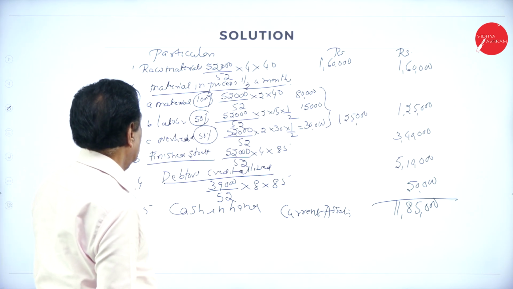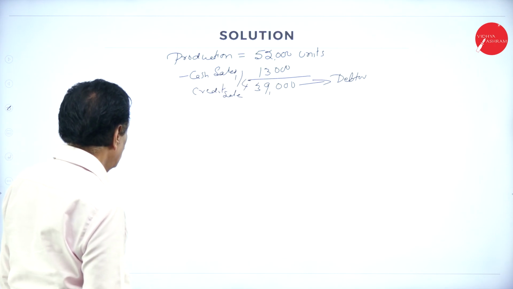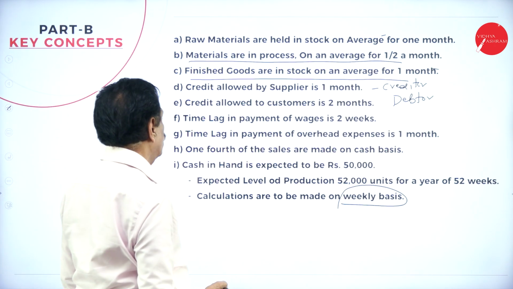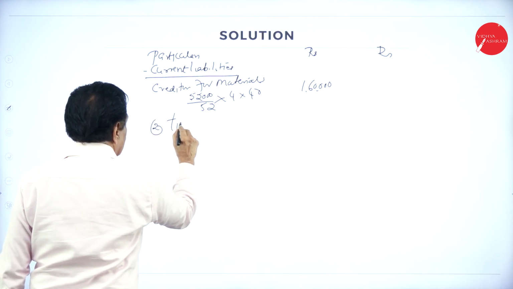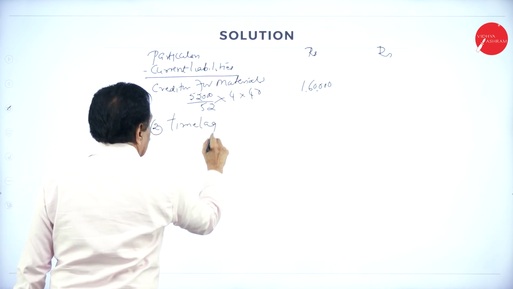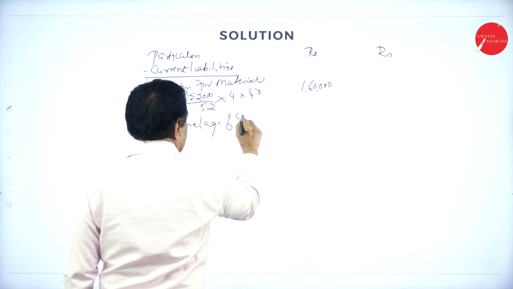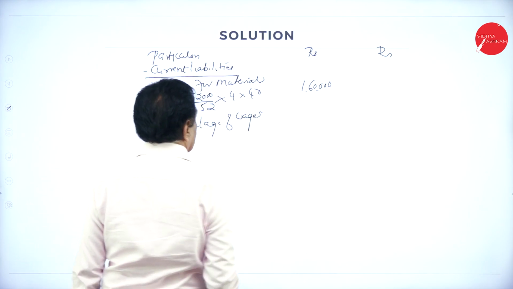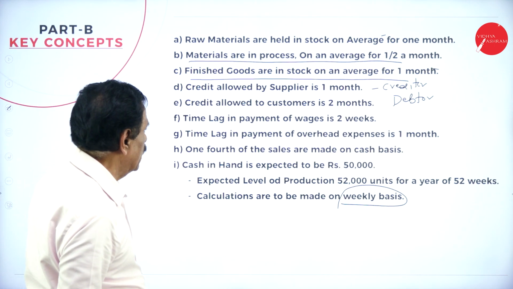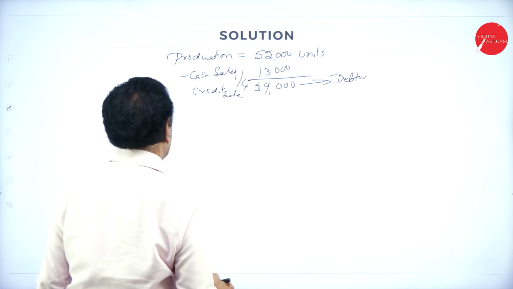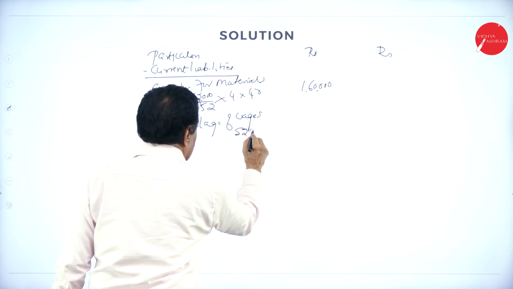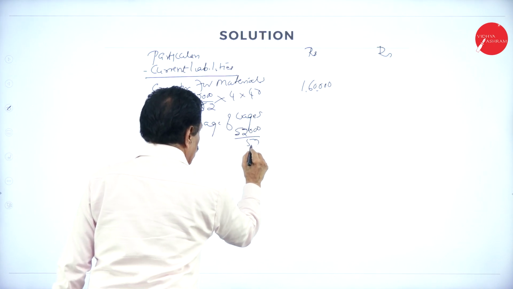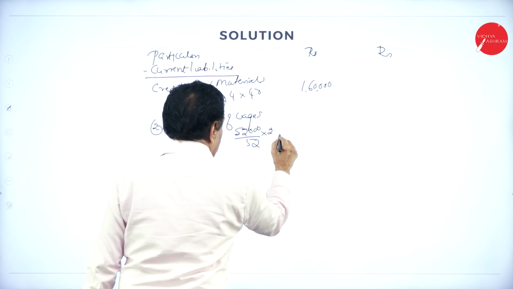Then we have the time lag of wages, which is 2 weeks. Number 2, time lag of wages, 2 weeks: 52,000 divided by 52 into 2 weeks.